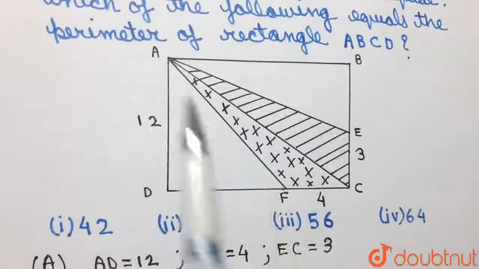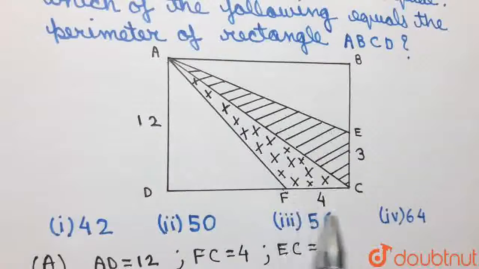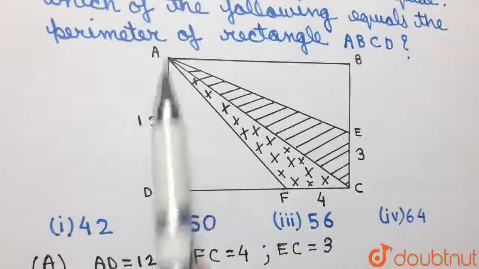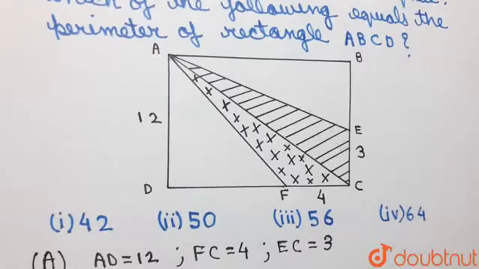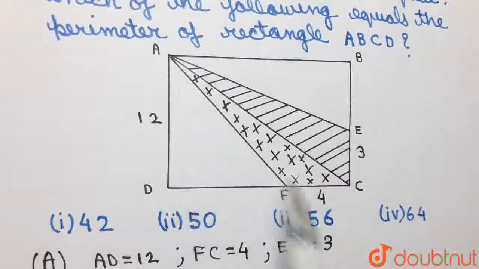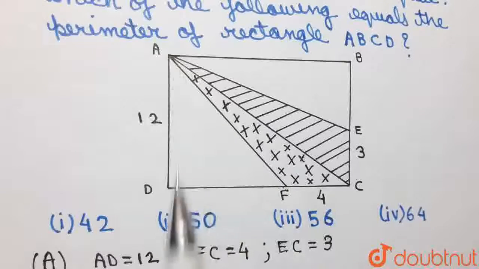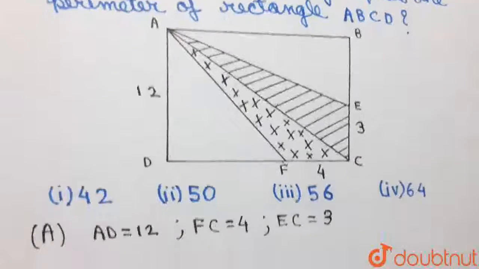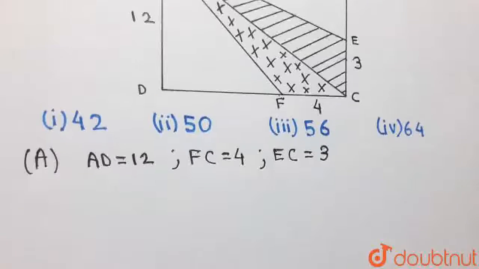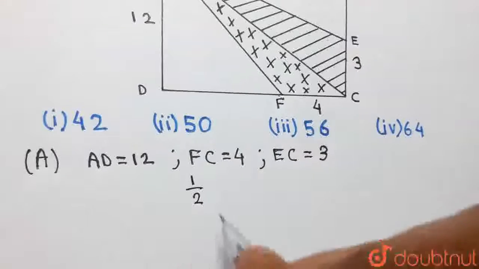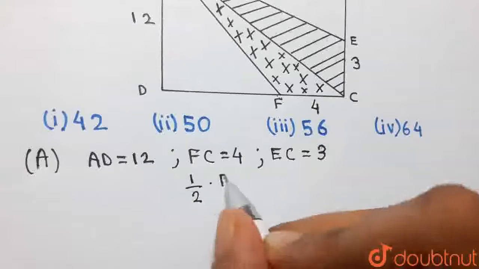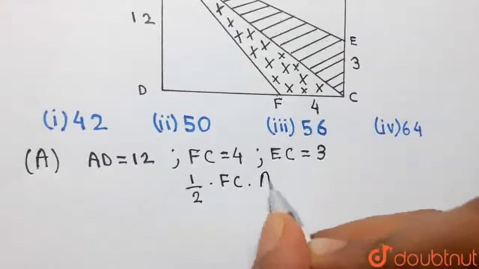For triangle AFC, FC is the base whereas AD is the height. Hence the area of the crossed region can be written as half into FC into AD.